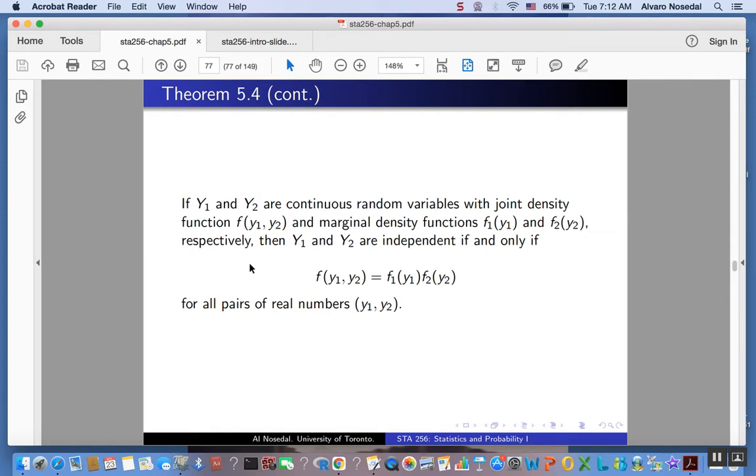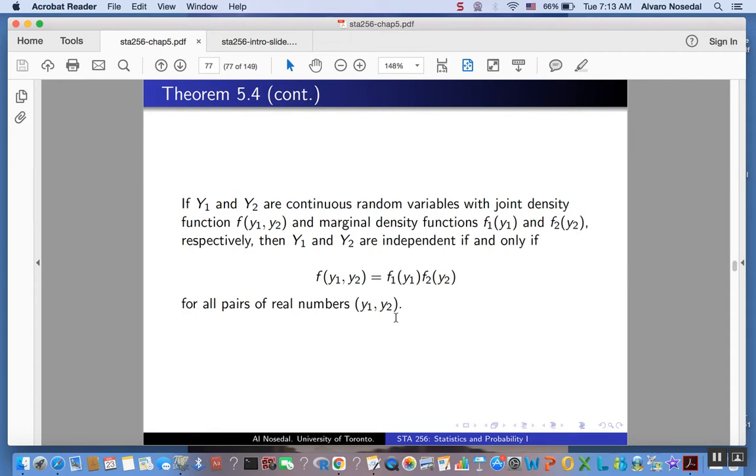If the joint probability density for variables y1 and y2 can be expressed as the product of their marginals, then y1 and y2 are said to be independent.